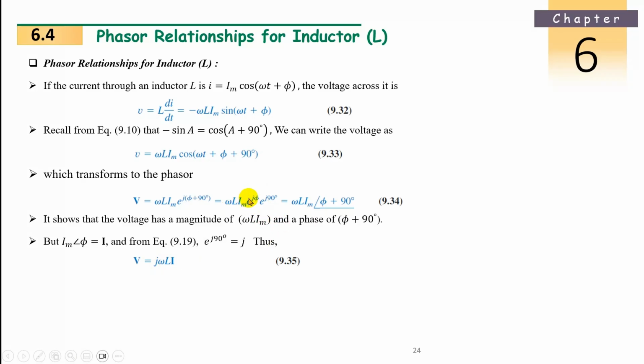See here, Im e^(jφ) is nothing but capital I. Now what is e power j90? It is j. So jωLI is your voltage.